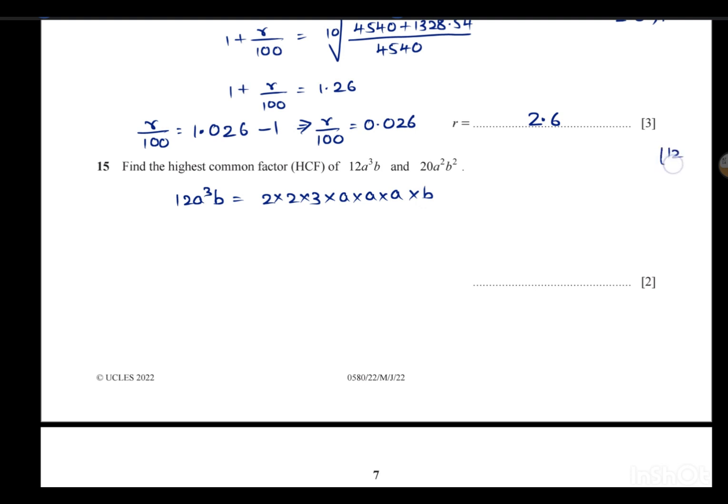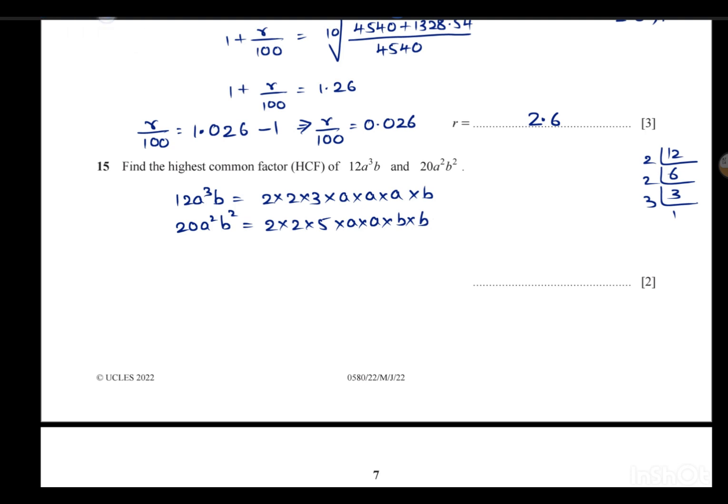If you cannot do it mentally, you can do it like this: 2 sixes are 12, 2 threes are 6, 3 ones are 3. You can do the prime factorization in this way. Then 20a square b square the same way. Prime factorize 20, you get 2 into 2 into 5 into a into a into b into b.